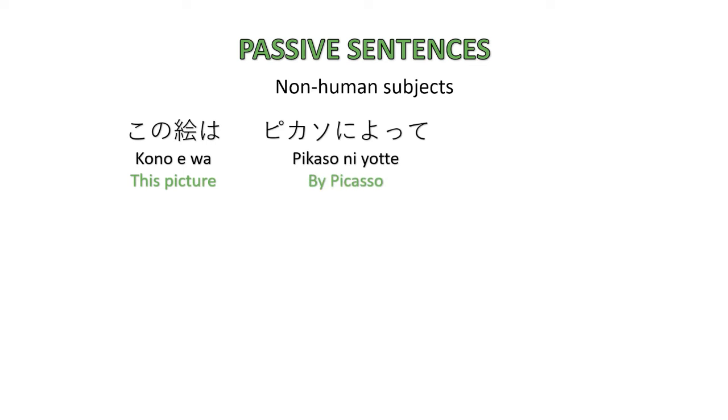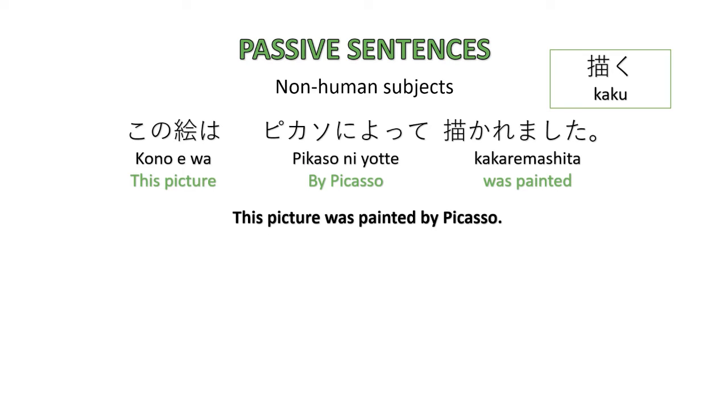この絵はピカソによって描かれました。This picture was painted by Picasso. If there is a non-human subject, we can use for the doer によって. Okay?